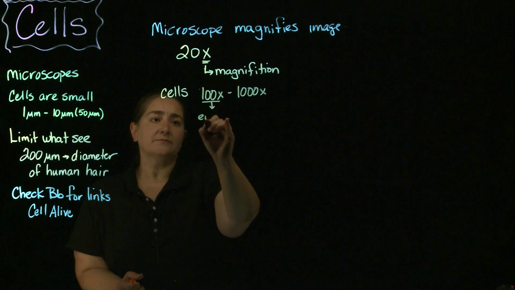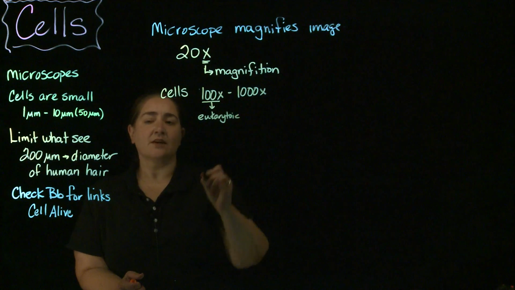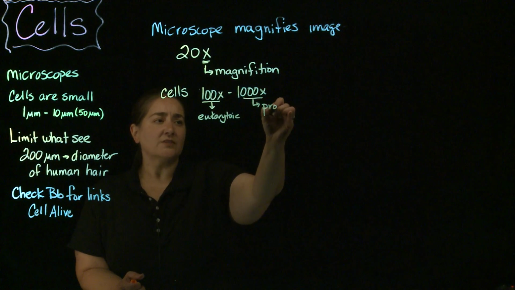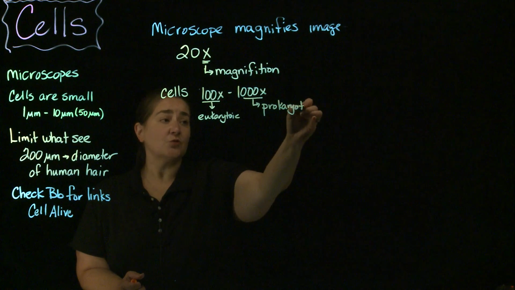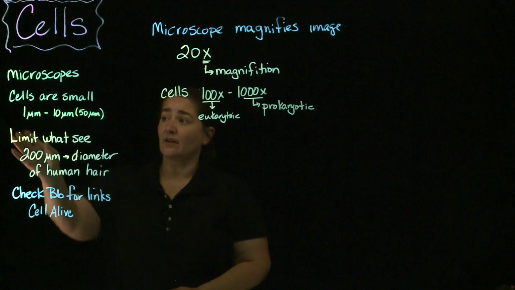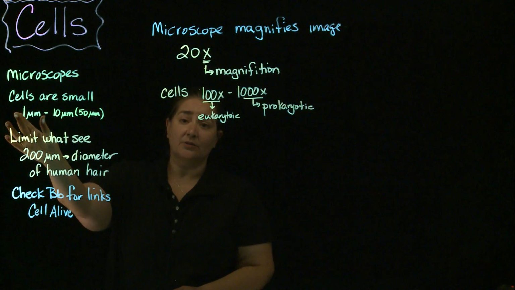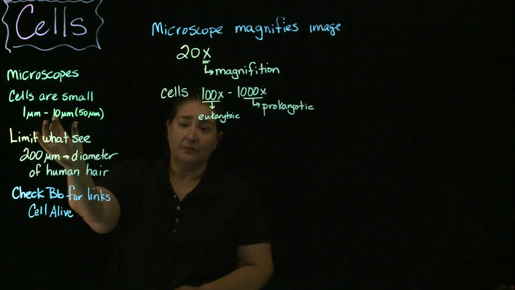Eukaryotic cells are going to be easier to see at this level. The 1000x magnification, that's what you're going to need to be able to visualize prokaryotic cells. Because prokaryotic cells fall into this category. They're somewhere around a micrometer. Eukaryotic cells, somewhere around 10 micrometers.